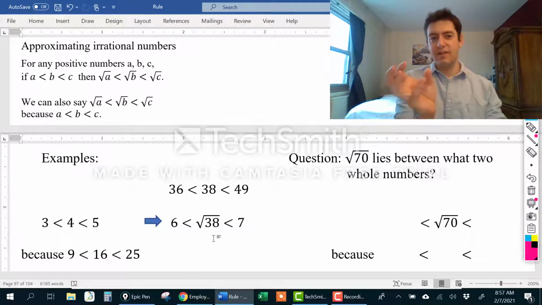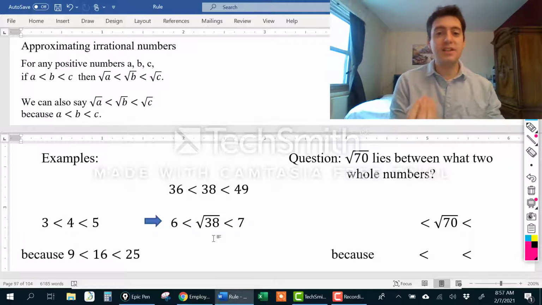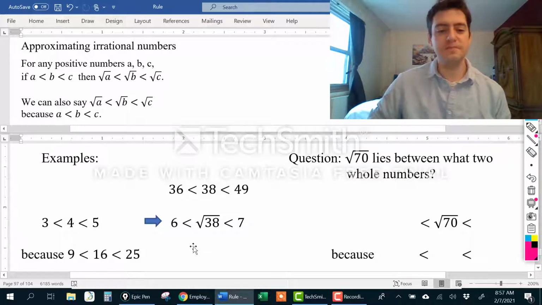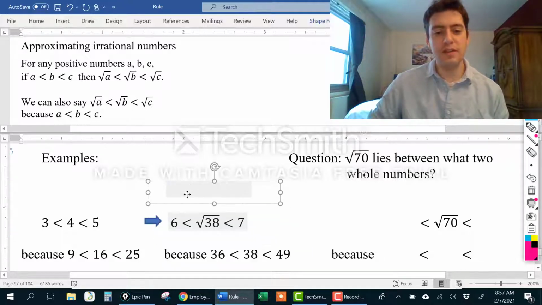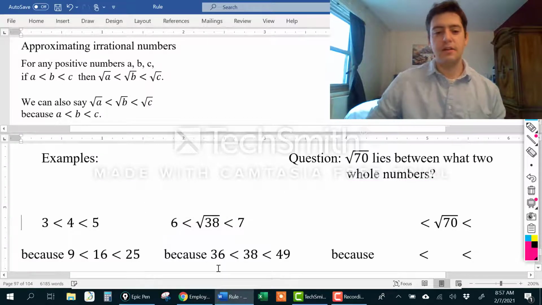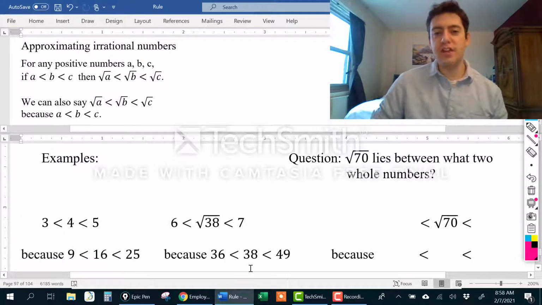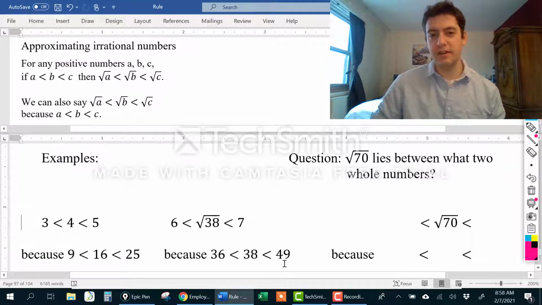I can't even give it exactly as a decimal, but I can still approximate it by saying, well, I know it's in between 6 and 7. It's somewhere in there, okay? And we could also make the statement that the square root of 38 is in between 6 and 7 because 38 is in between 36 and 49.